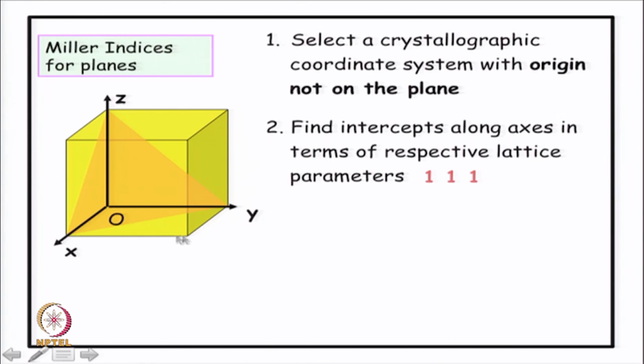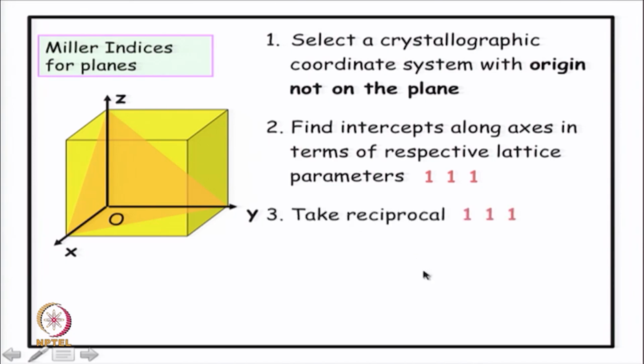In particular for this plane, all the 3 intercepts are 1 1 1. The first intercept 1 says that the plane is intersecting at a distance a from the origin. The second one tells us that it is intersecting at a distance b from the origin, and the third at the distance c from the origin.